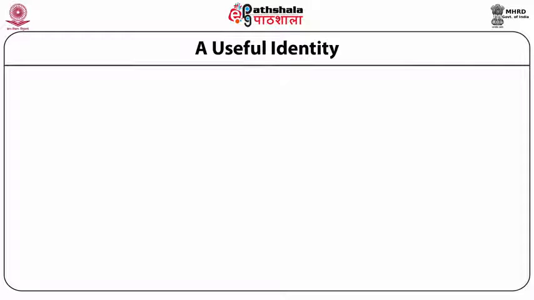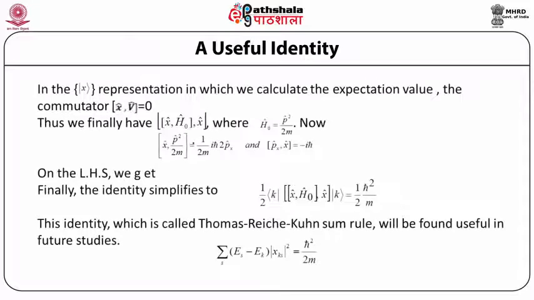So looking from the above equation, if we have the basis representation of the basis vectors ket vector x, in which we calculate the expectation value, the commutator of operator x and operator V is equal to 0. Thus, we finally have commutator of operator x and operator H0 with operator x, where operator H0 is equal to operator p square by 2m.